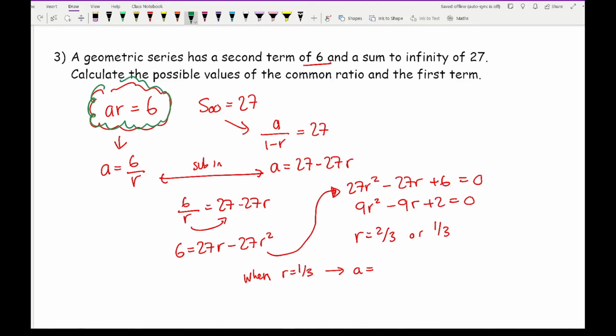So here I've got 6 divided by 1/3, which gives me 18. And when r equals 2/3, then a is going to equal 9. And there is my final answer.